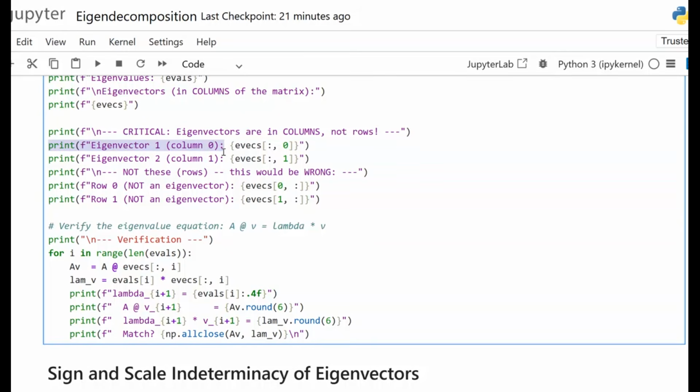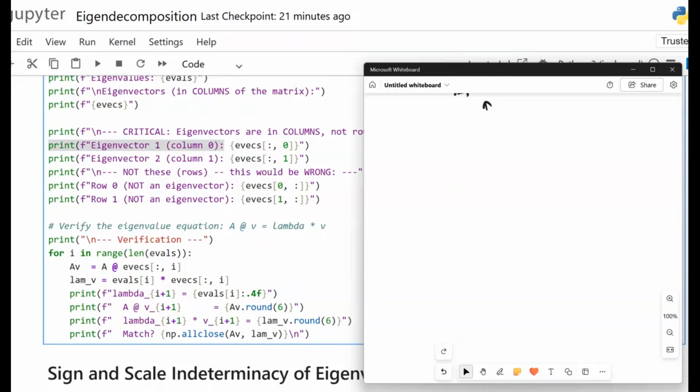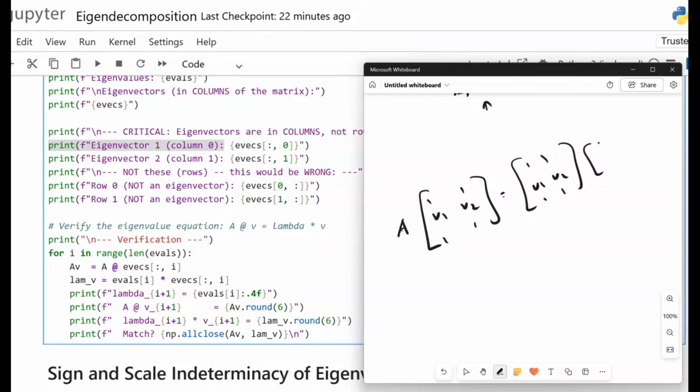Dear friends, kindly observe, this is a column convention, because the matrix equation is A multiplied by [v1 v2], which is equal to [v1 v2] multiplied by diag(lambda 1, lambda 2). So each column satisfies A multiplied by v_i equals lambda_i multiplied by v_i.